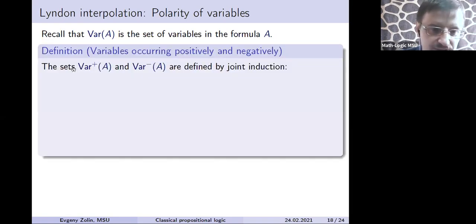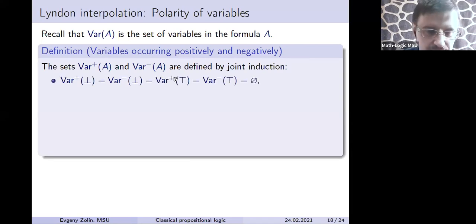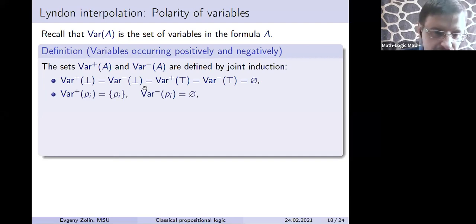So we will introduce var plus and var minus. In the formulas true and false, we have no variables, so empty. In the formula p_i, a variable, we have only one variable and it is positive. It occurs positively, and we have no negative occurrences here.